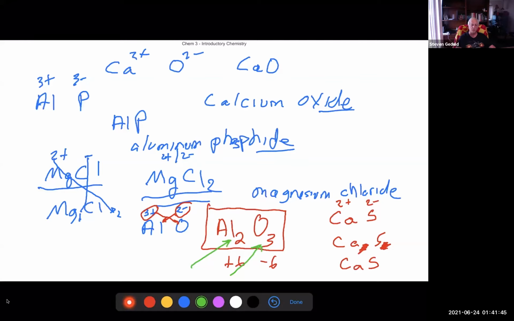Okay, so let's do a couple covalent ones. Covalent means 2 nonmetals. So let's combine sulfur and oxygen, SO2. Look at sulfur on the periodic table and look at oxygen. You can see they're both nonmetals, which means the ionic rules do not apply.